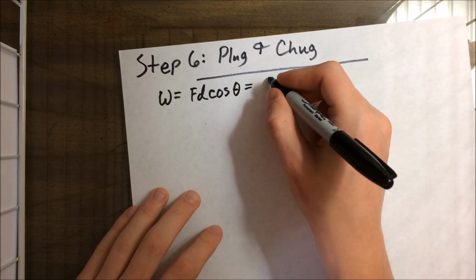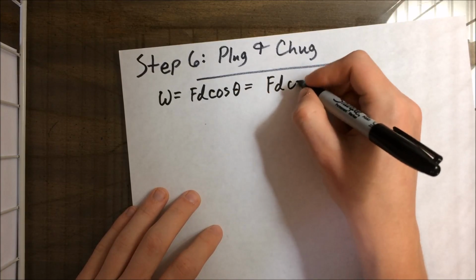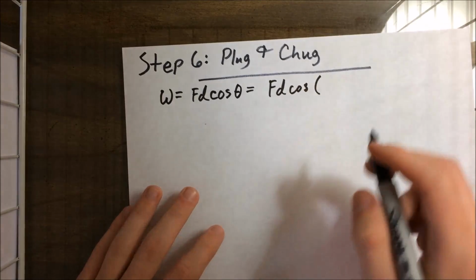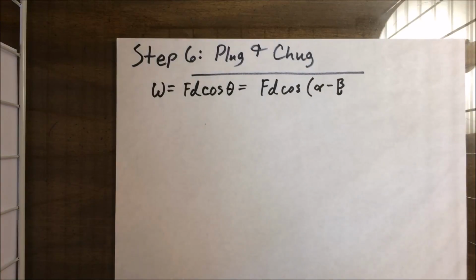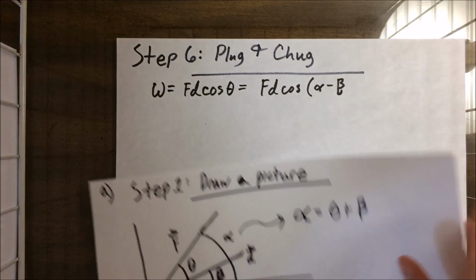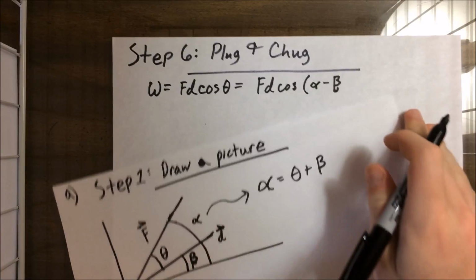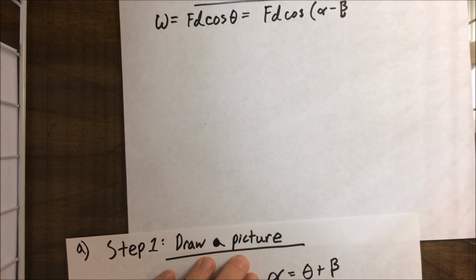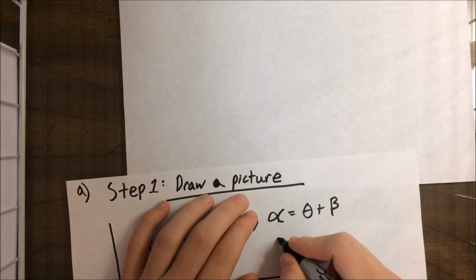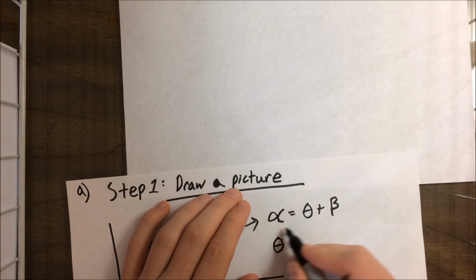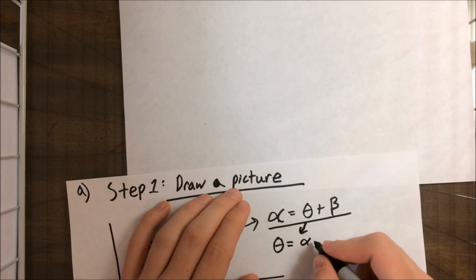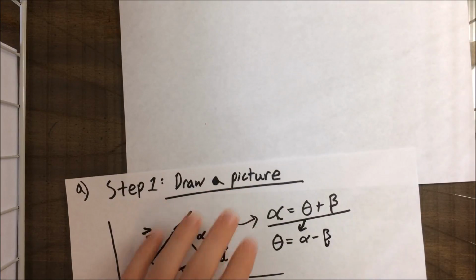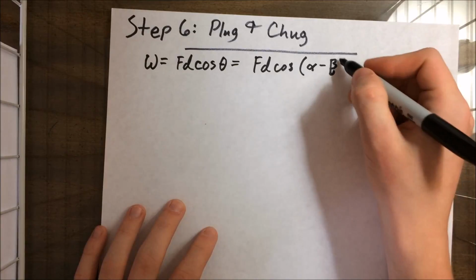So then that's equal to force times distance cosine of alpha minus beta, because if you remember, we have alpha is equal to theta plus beta, so we can take that and bring it down and get theta is equal to alpha minus beta, just with some simple algebra.